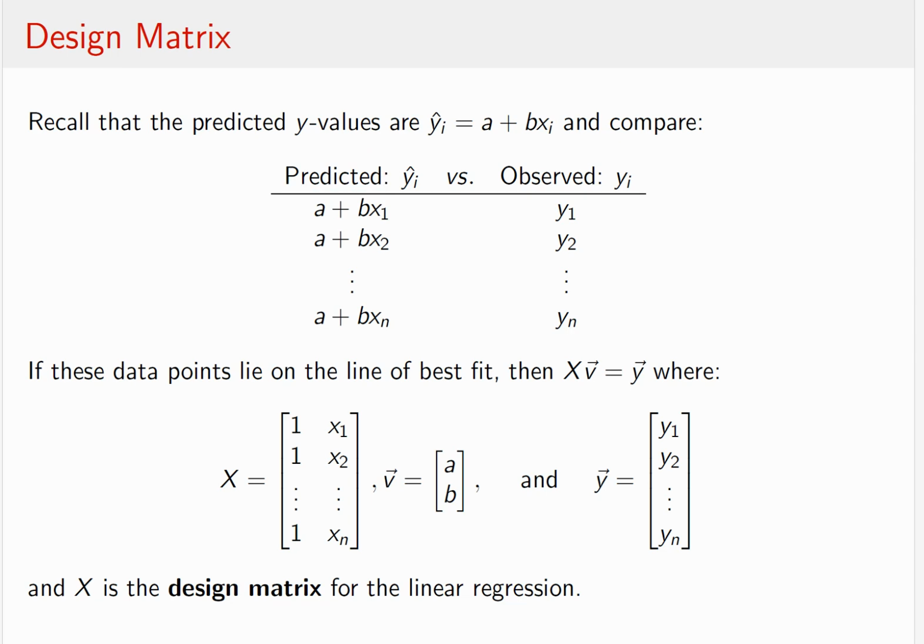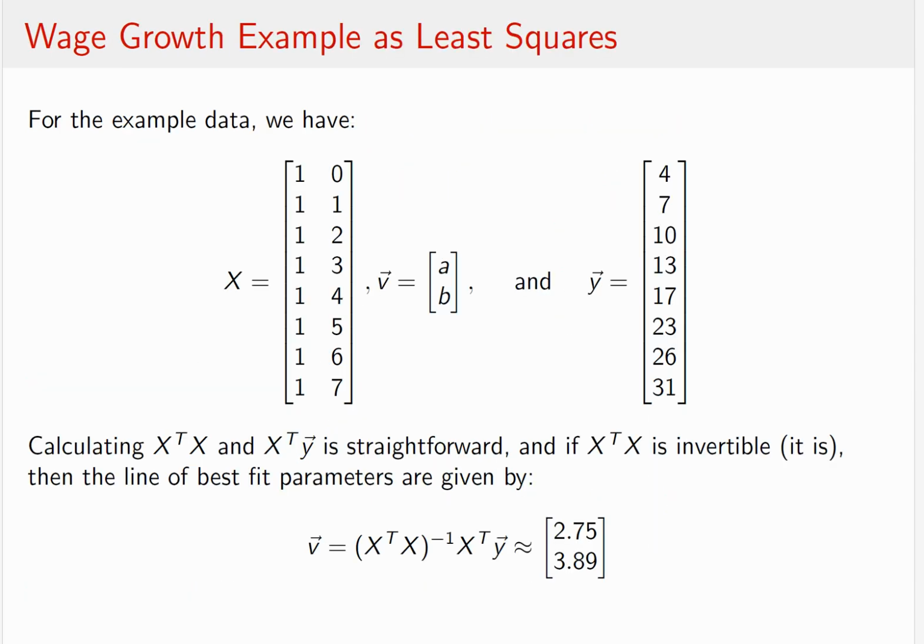X is a numeric variable. And what happens is I end up with a very simple matrix equation that I can solve, right? I can calculate x transpose x, and I can calculate x transpose y, and as long as x transpose x is invertible, then I can solve this equation.